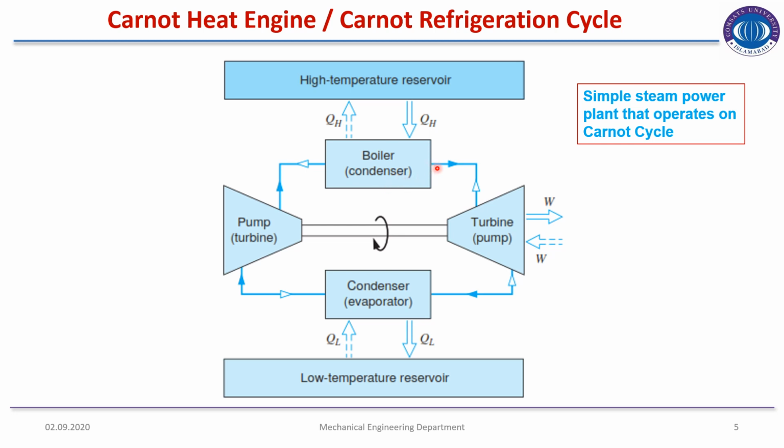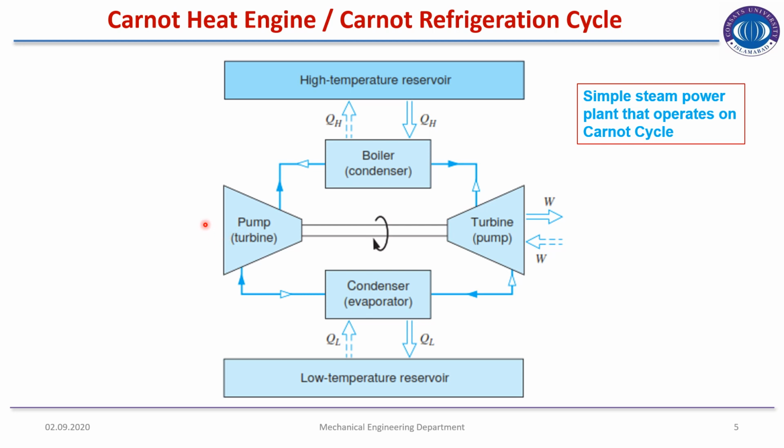High temperature, high enthalpy, high energy steam exits the boiler and enters the turbine. This steam strikes the blades of the turbine and rotates them.